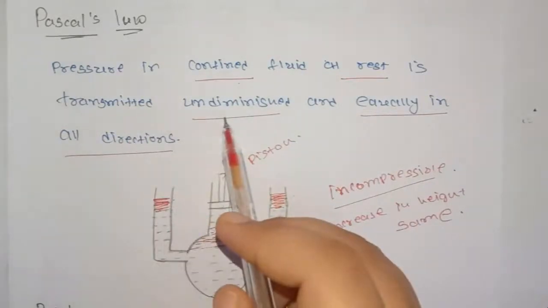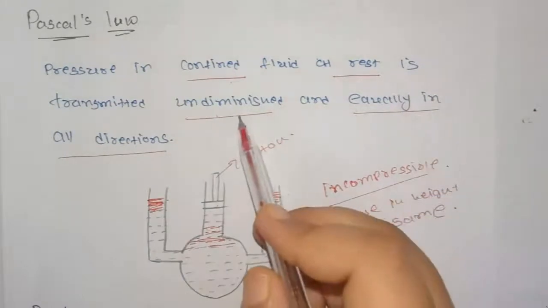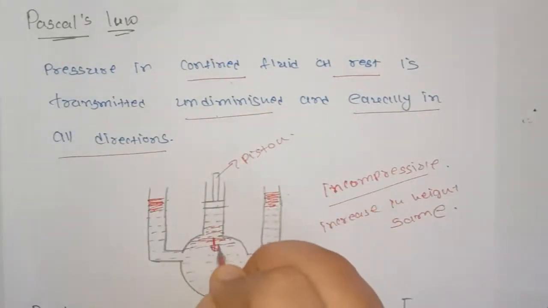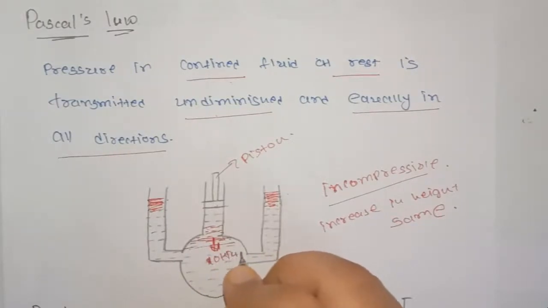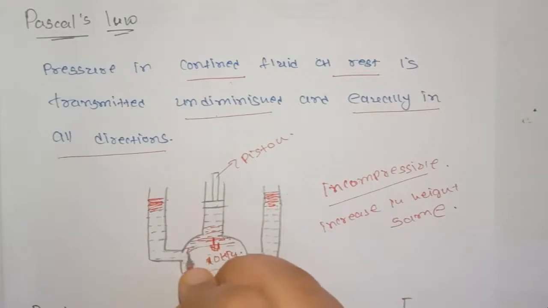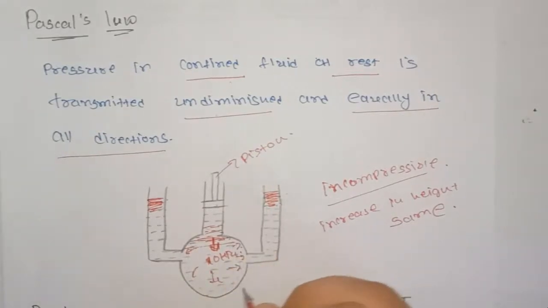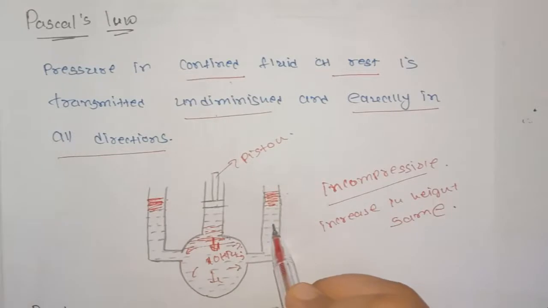If we apply the pressure, it is transmitted undiminished. The meaning of undiminished is, if we have applied a pressure of 10 kilopascal here, then 10 kilopascal will be distributed in all the directions. This will not be divided. We cannot say that 5 kilopascal in this arm and 5 kilopascal in this arm.